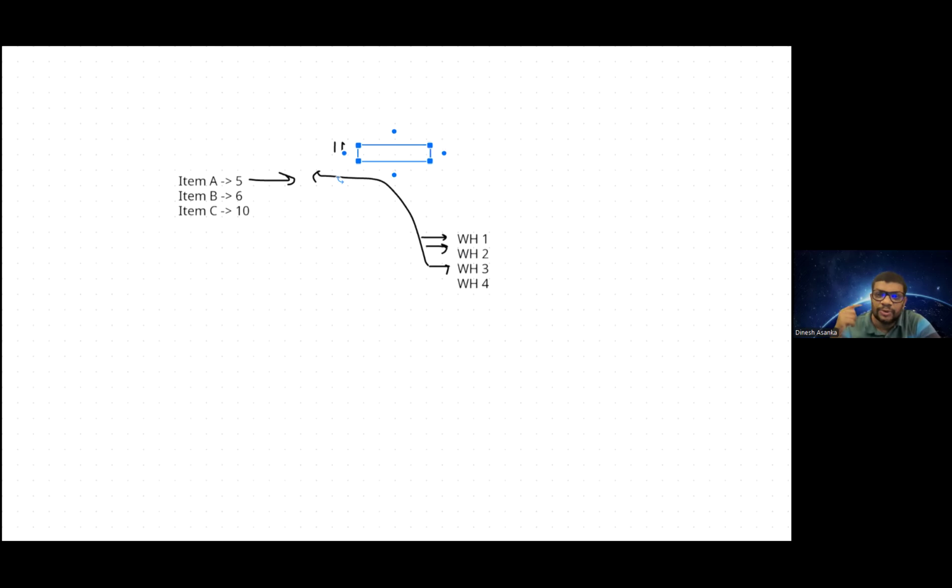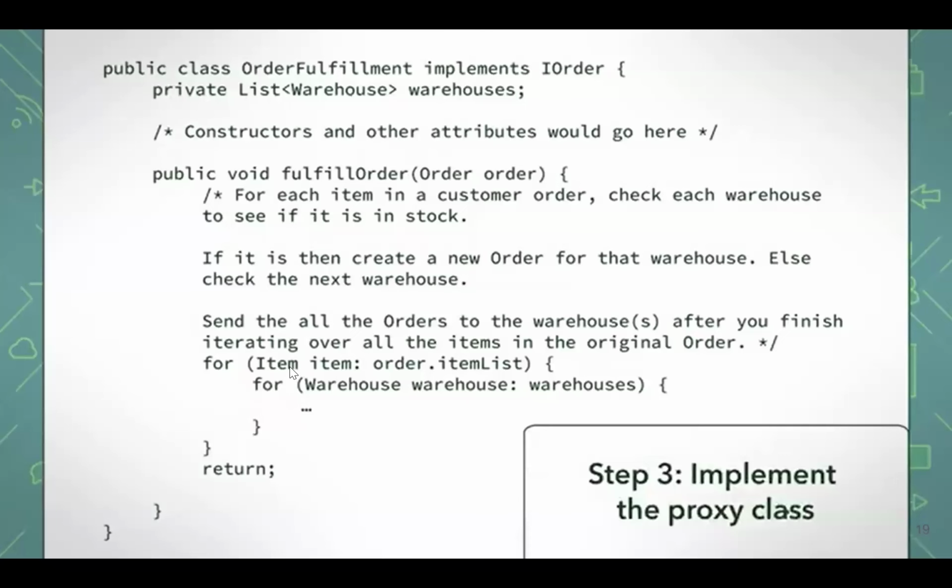Similarly, it will go through all the items one by one, iterating through the whole item list. So that is what these multiple iterations are.